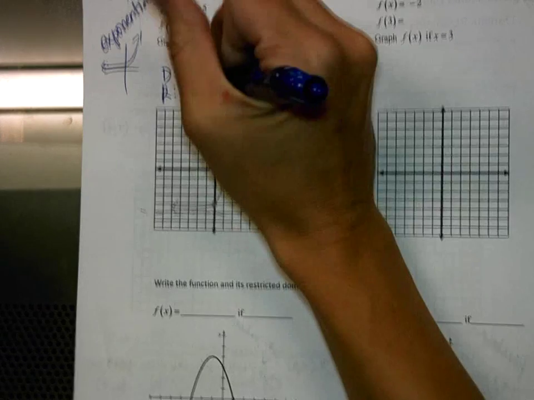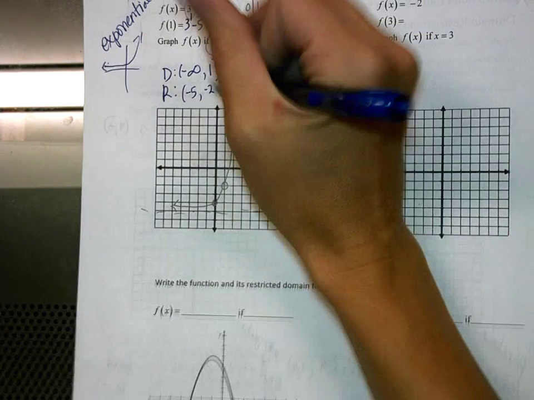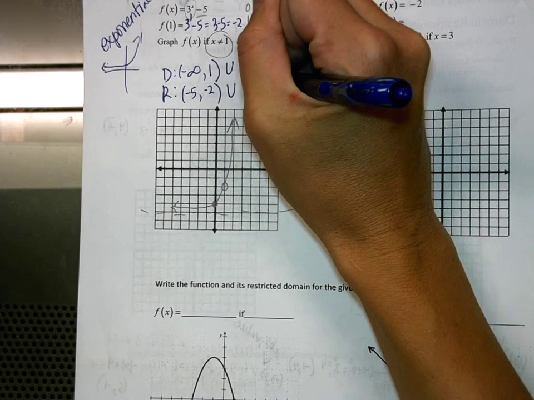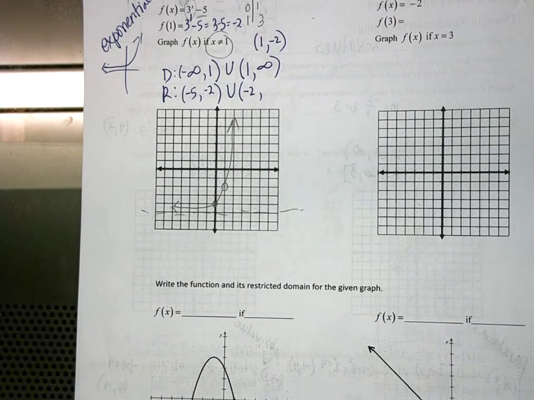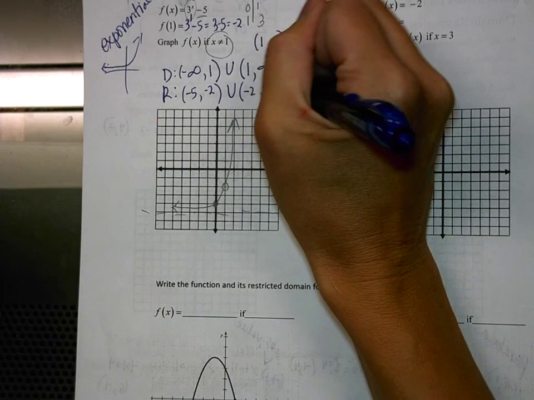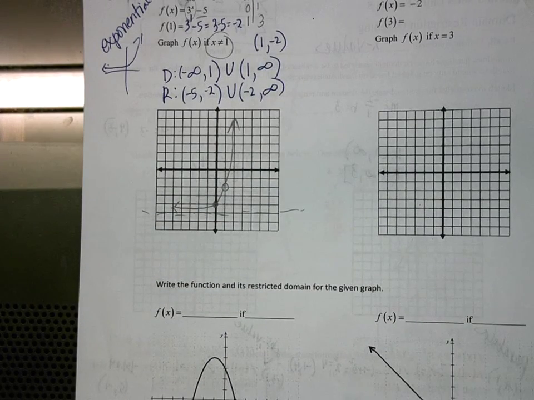Since it can't equal that value, we put a parenthesis, and then it's a union, and we have another parenthesis at -2. Then it's going to go where? To positive infinity. So if you're doing the whole thing, you go -5 to positive infinity.